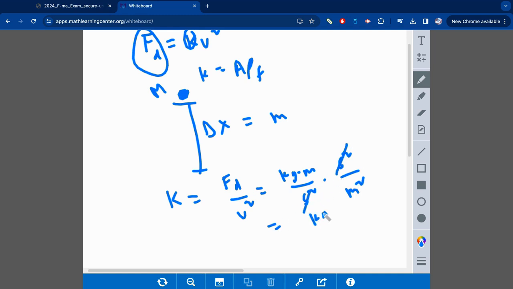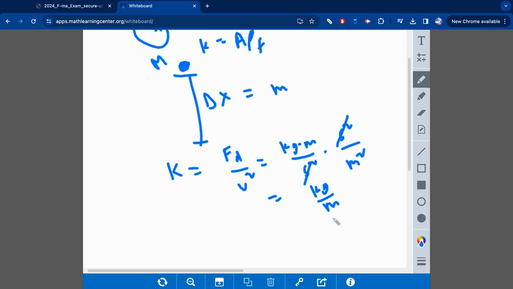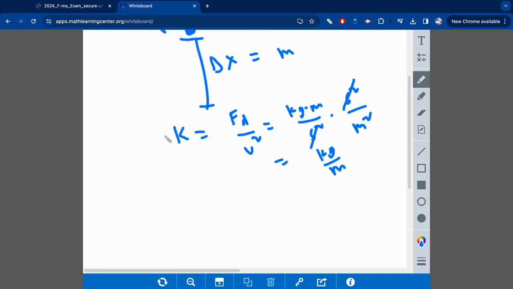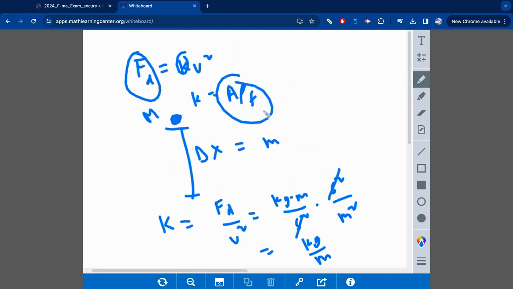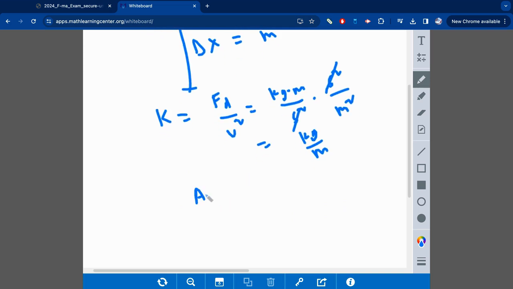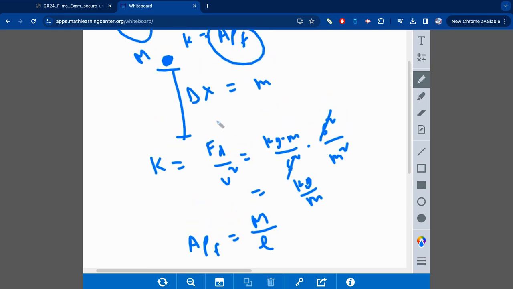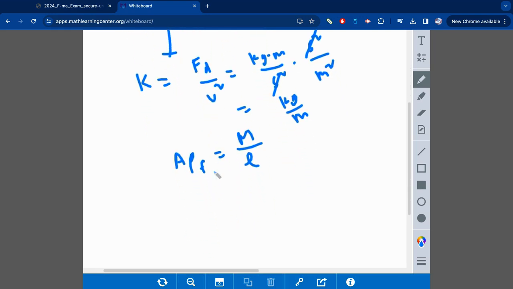So this is simply mass over length. Basically what we found here is that our constant of proportionality, which is also equal to A rho F, is equal to the mass of the sphere over the displacement.